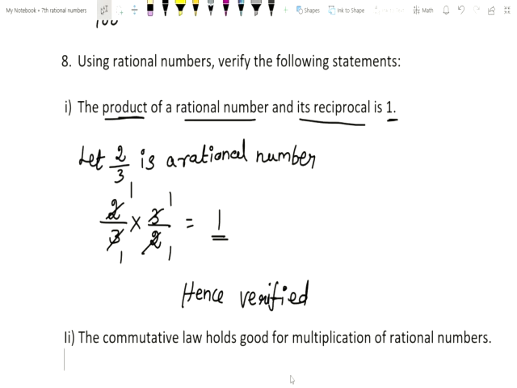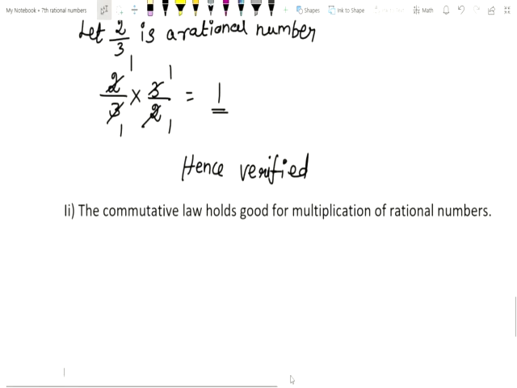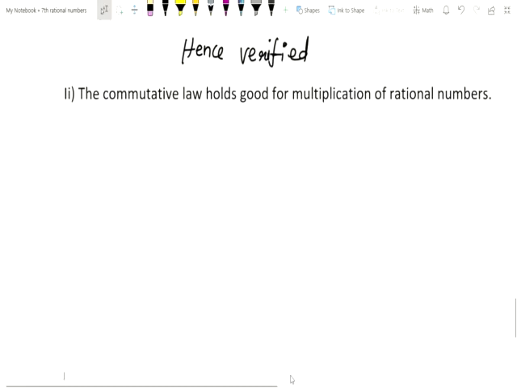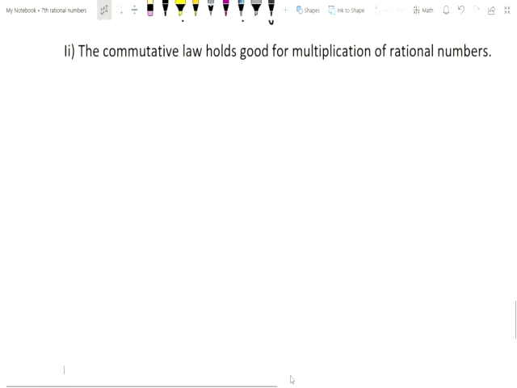See the next question. The commutative law holds good for multiplication of rational numbers.